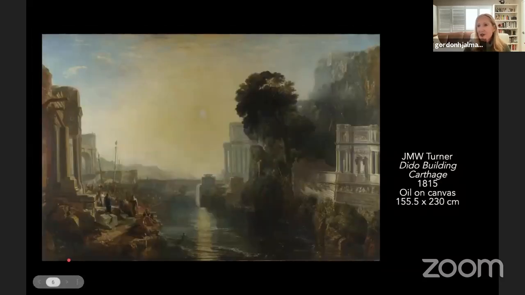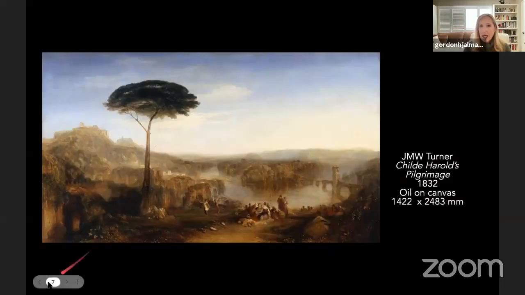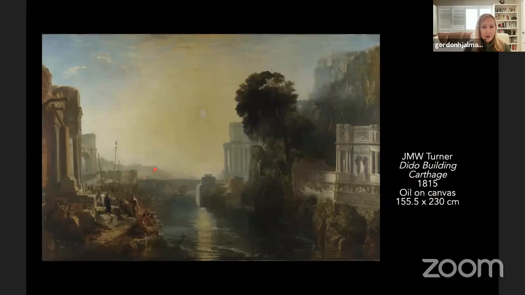So as I mentioned earlier, Turner and the Pre-Raphaelites, they were very interested in history. So Dido, who was a Phoenician queen, which would be today Tunisia, was written about in Virgil's The Aeneid. And we'll just go back for right there, that's perfect.